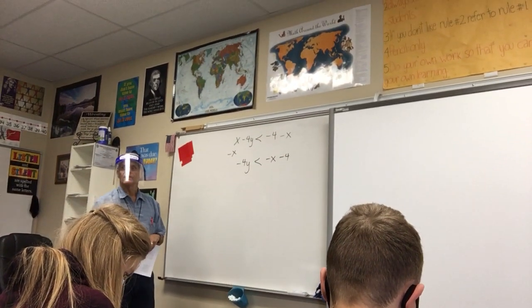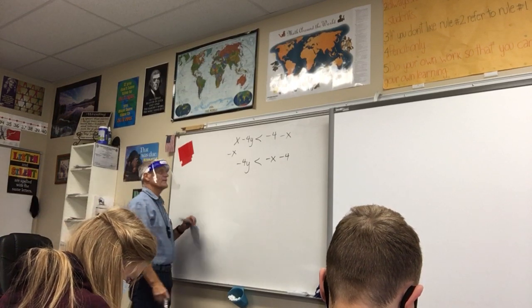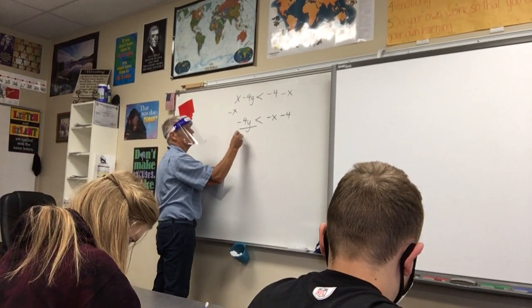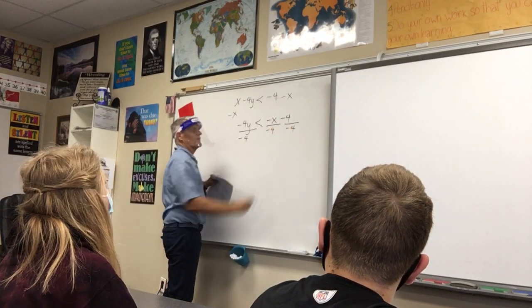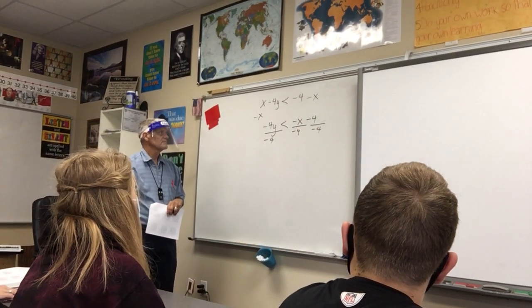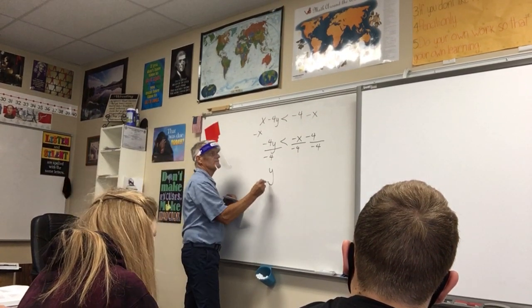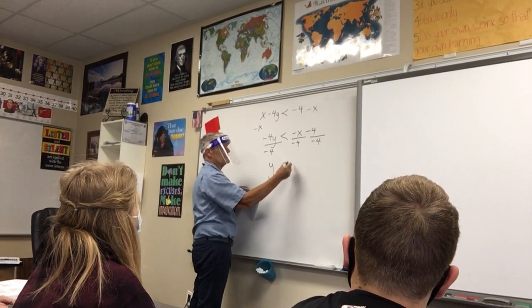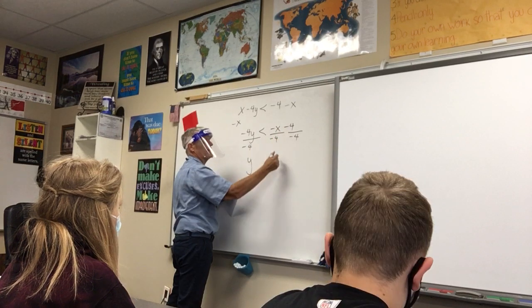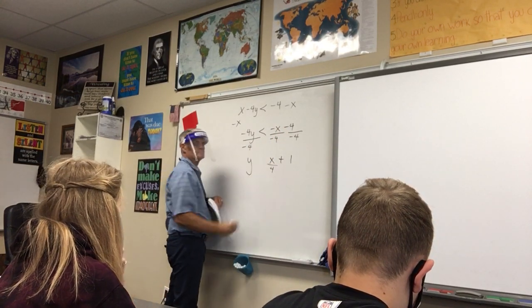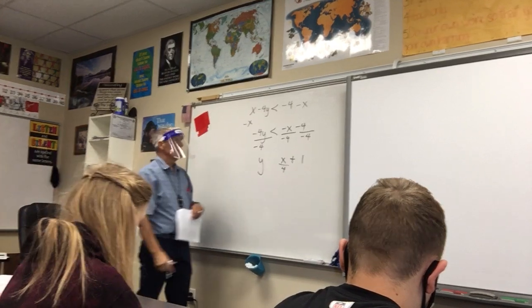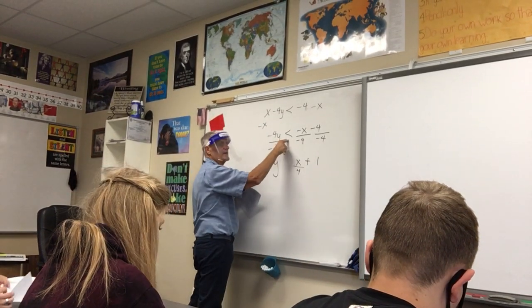It doesn't make it wrong if I don't. I won't take points off if you have it in that order. Divide by negative 4, divide by negative 4, divide by negative 4. Right, so y, negative divided by negative is a positive, over 4. Okay? Because I'm dividing by a negative, I've got to switch the sign.